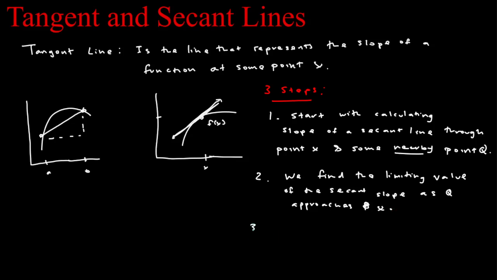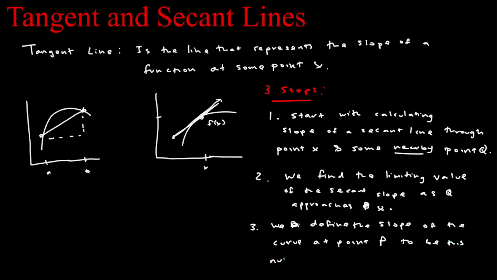And finally, we define the slope of the curve at point P to be this number, and this number means like the number from part 2.